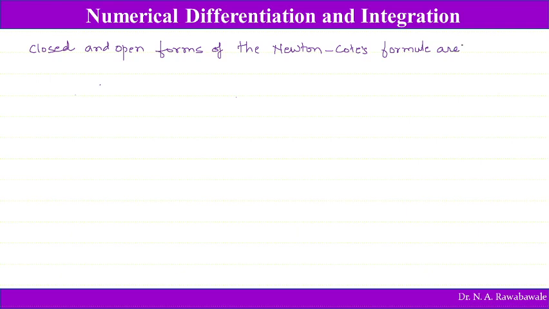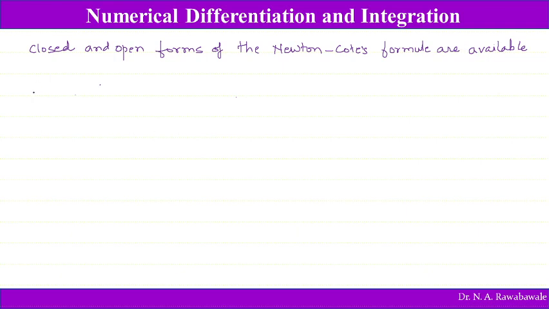Closed and open forms of Newton-Cotes formula are available. What are these? The closed form is, we have two ends, that is lower end and upper end. So we know A and B.